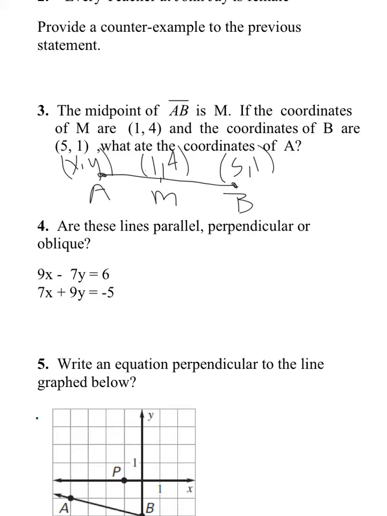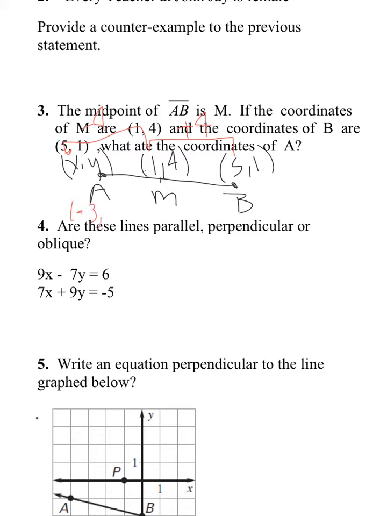So if that's true, we start at the x-coordinate of the midpoint M. To go from 1 to 5, you had to go plus 4. Well, if you go plus 4 in one direction, you must go minus 4 in the other because it's in the middle. So minus 4. 1 minus 4 is negative 3.